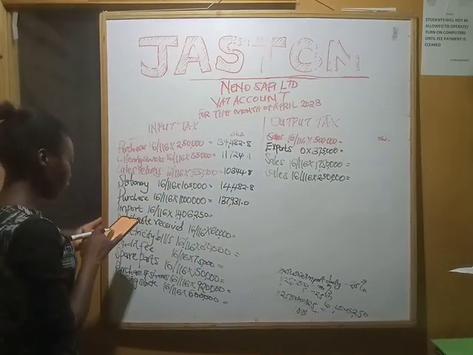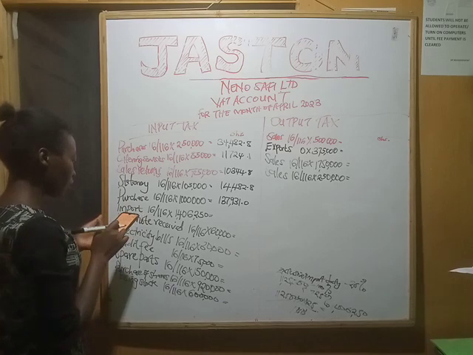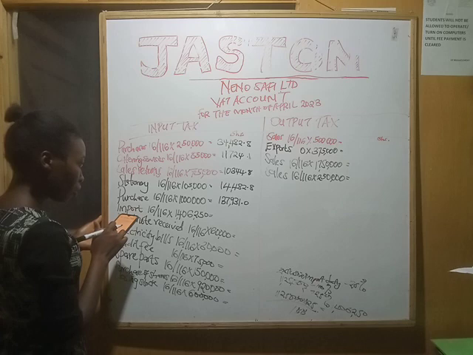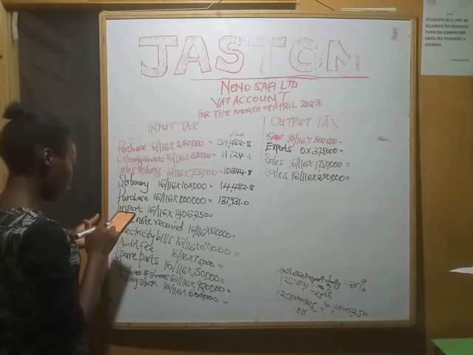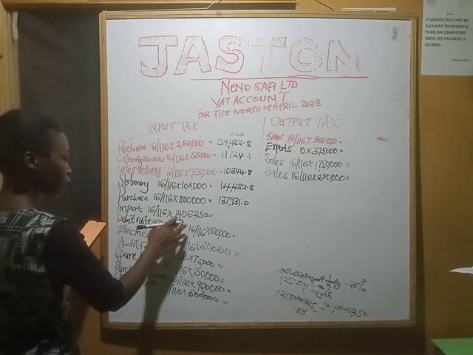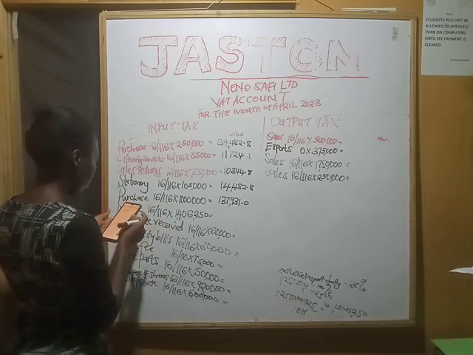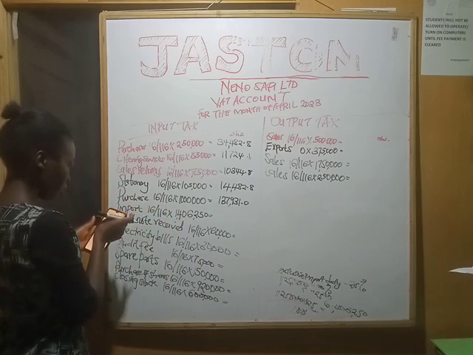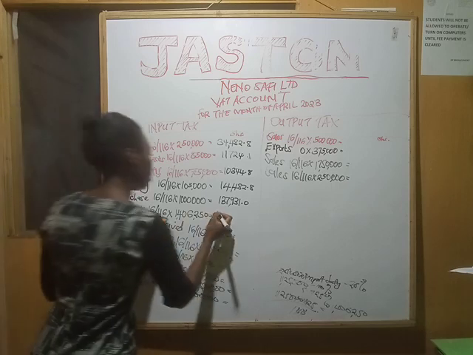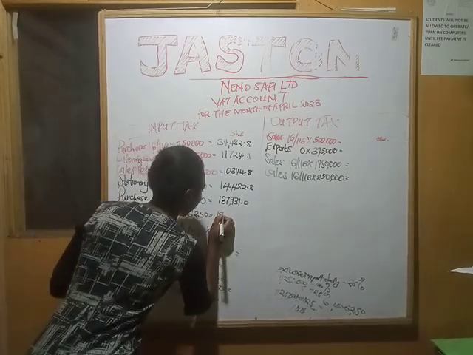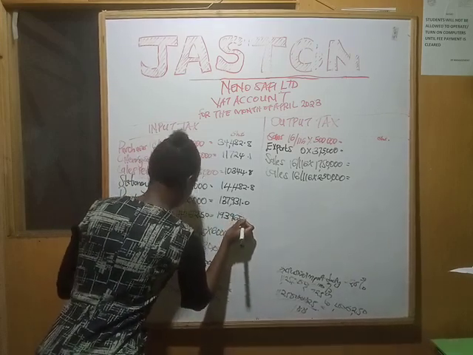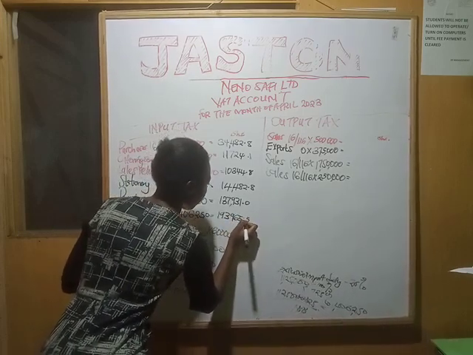We head on to the next one. 16 divided by 116, we multiply by 1,400,000. We have 193,965.5.